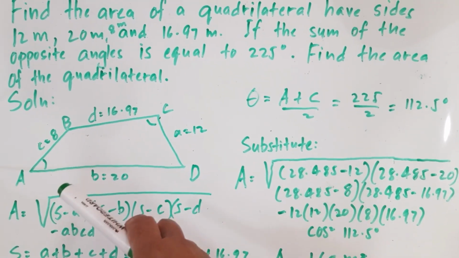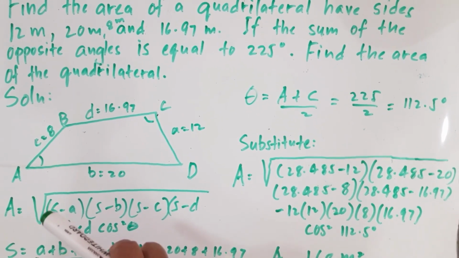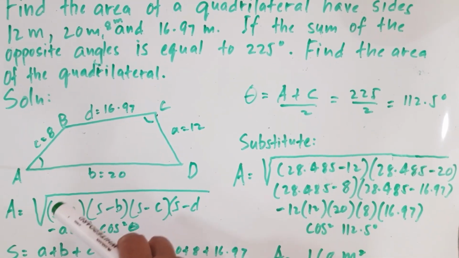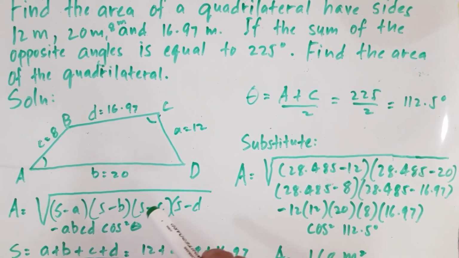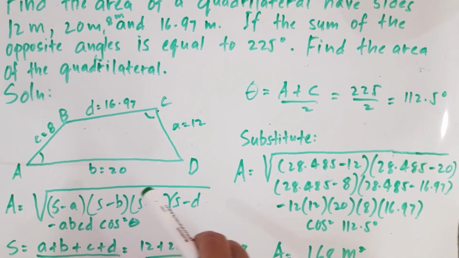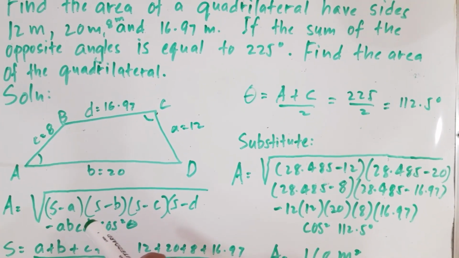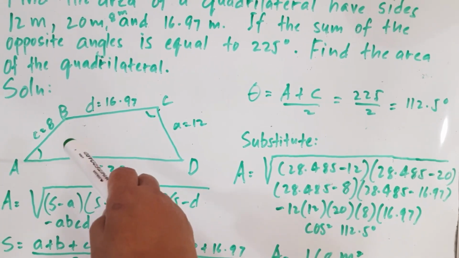Now, the formula for the area of the quadrilateral is equal to the square root of (S minus A) times (S minus B) times (S minus C) times (S minus D) minus ABCD cosine squared theta, the angle.